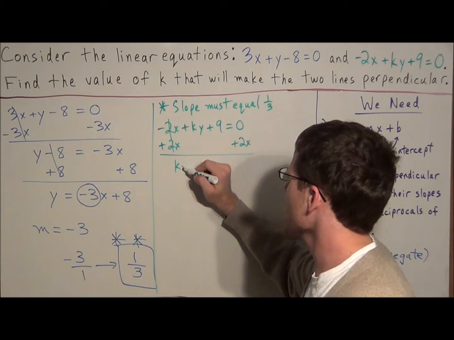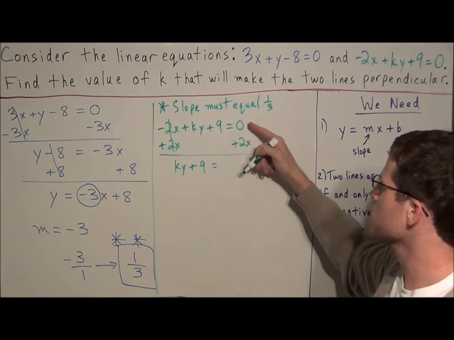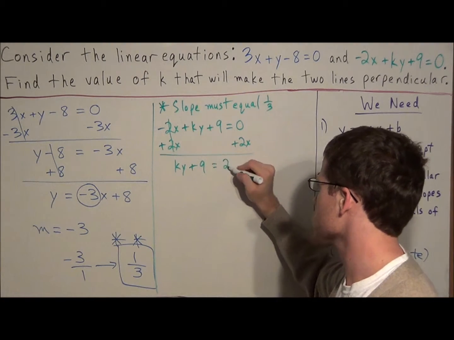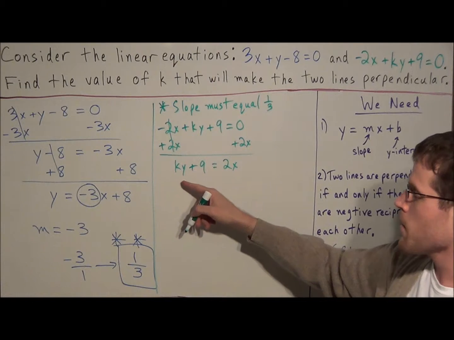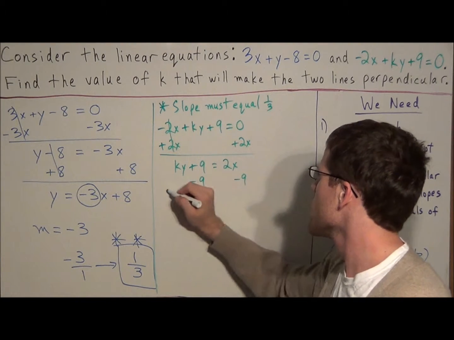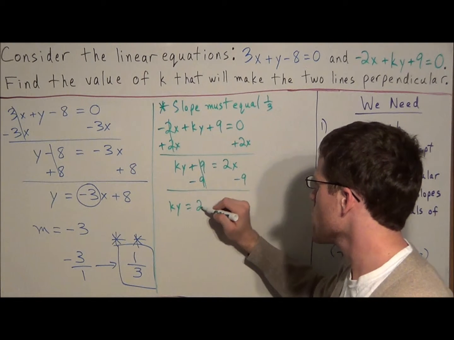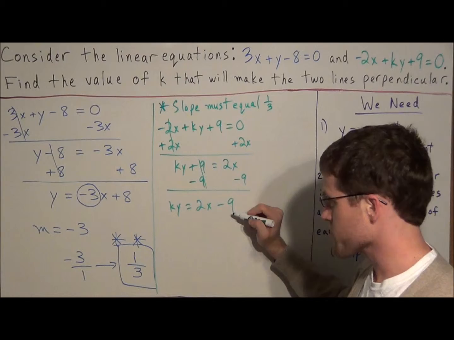And now we're left with ky plus 9 equals, and we have 0 plus 2x on the right, which equals 2x. So to get y by itself, now we can subtract the 9. And we have ky equals 2x minus 9.